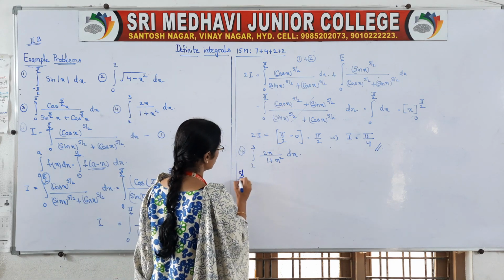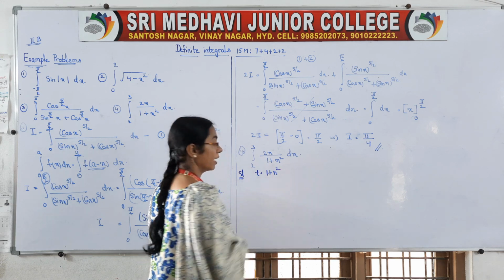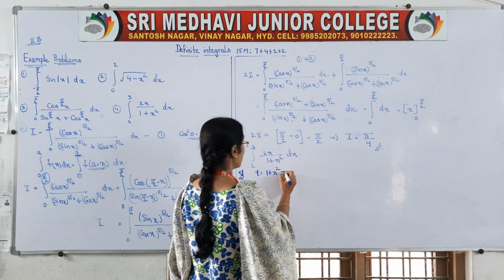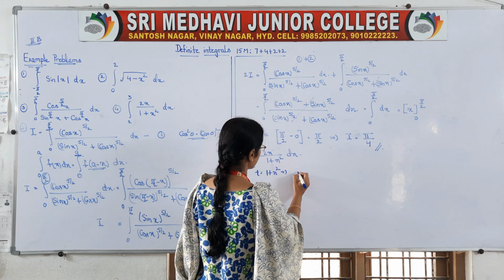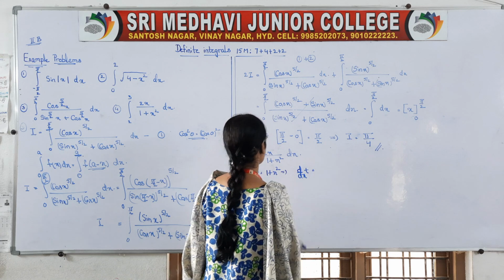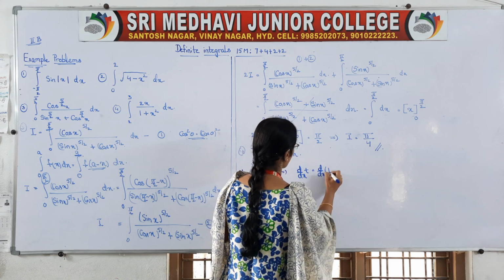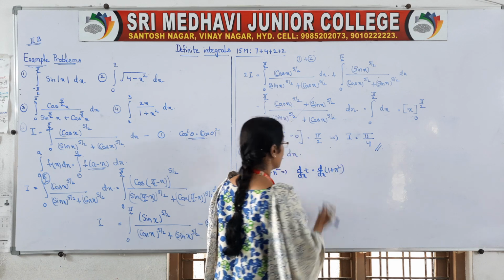So, solution. You take t is equal to 1 plus x square. Then you differentiate with respect to x on both sides. d by dx of t is equal to d by dx of 1 plus x square.